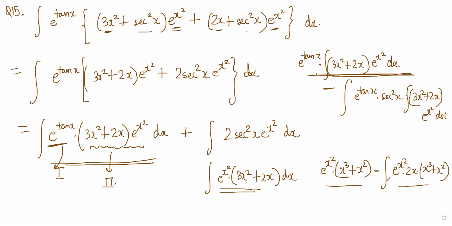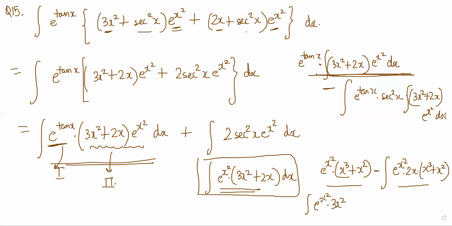Yeah, I feel like there is a slight error in the question because right now it feels like this integral is not doable. If this integral was doable, we should have some higher power of x here, because right now it is easy to solve this integral, e power x square into 3x square.